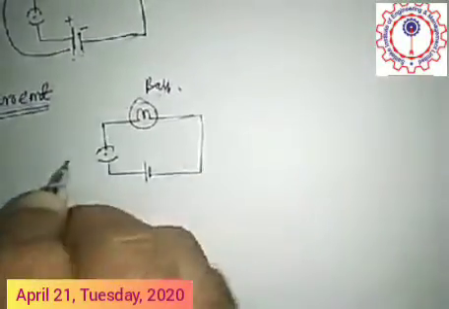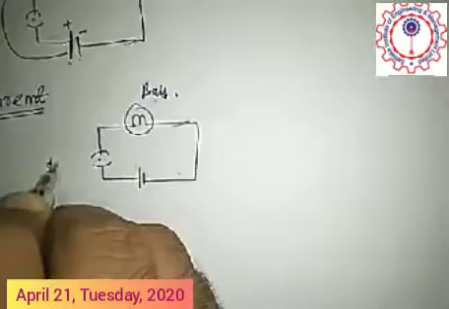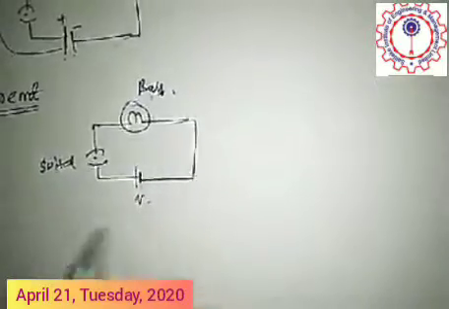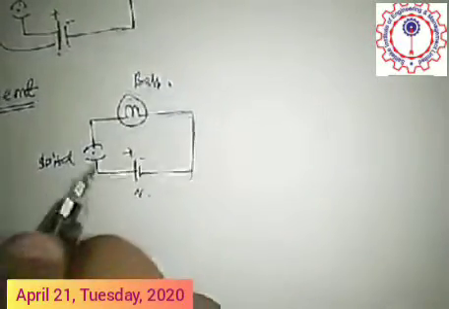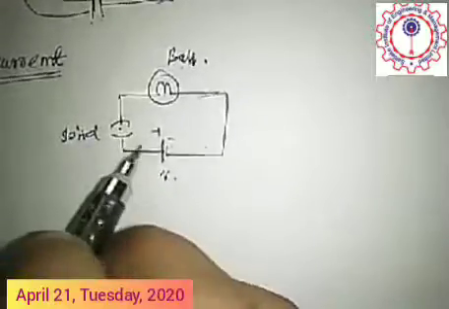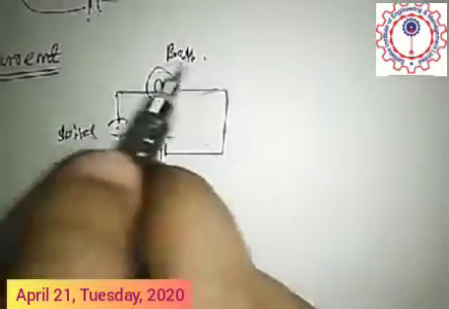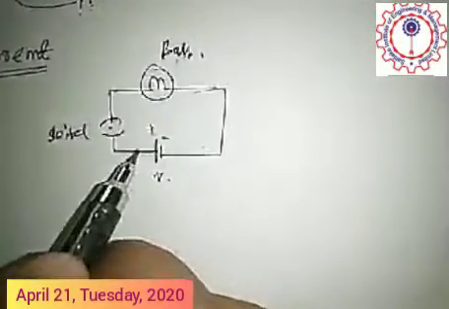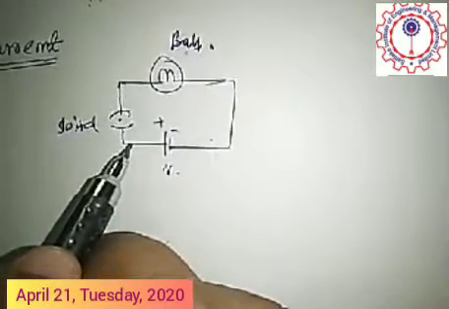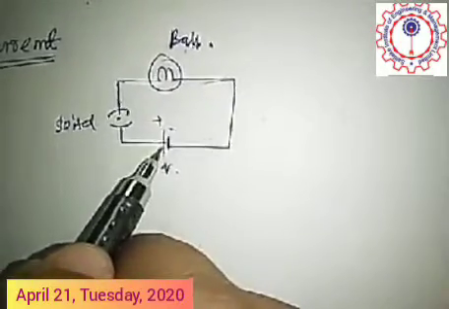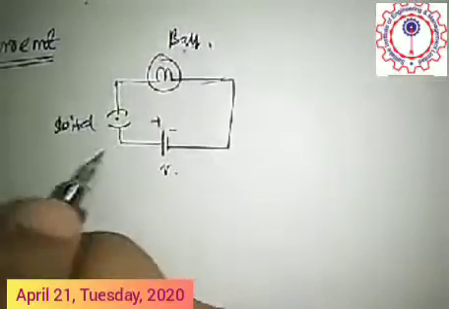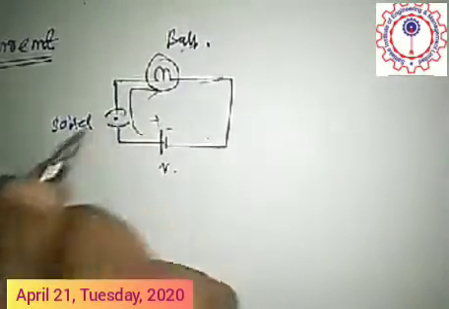This is the bulb, and this is the switch, and this is the supply voltage, and this is the positive and negative. And what is current? The flow of free electrons. This is a closed loop path. You know, the current flows from positive to negative direction.